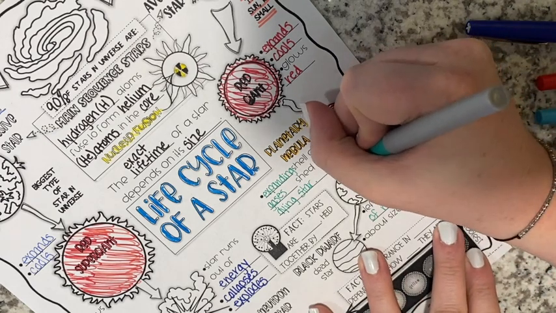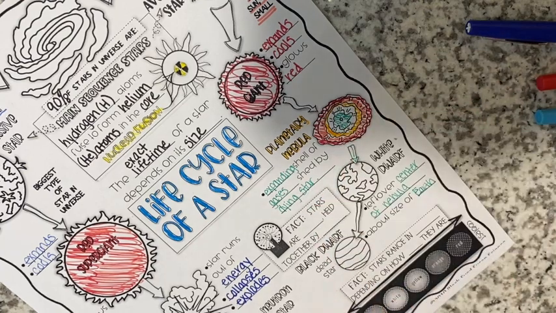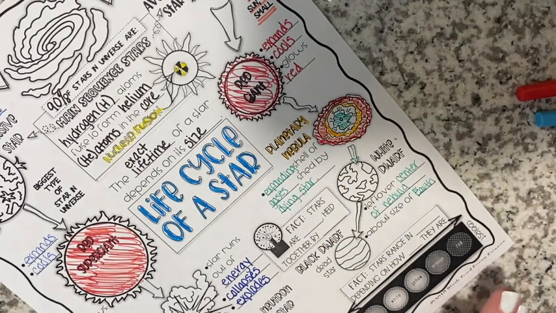After an average sized star has died, it leaves behind a black dwarf.